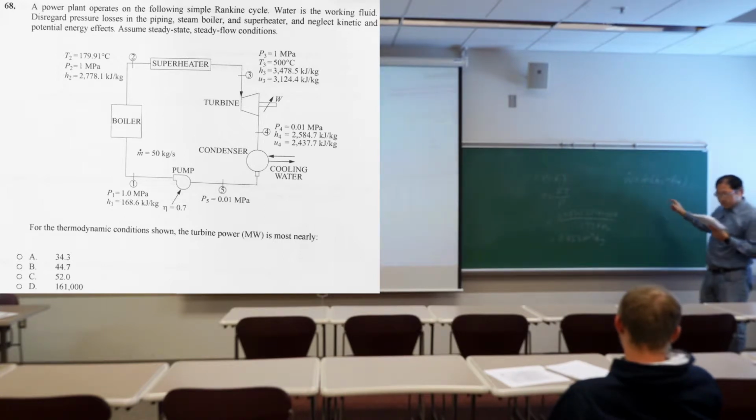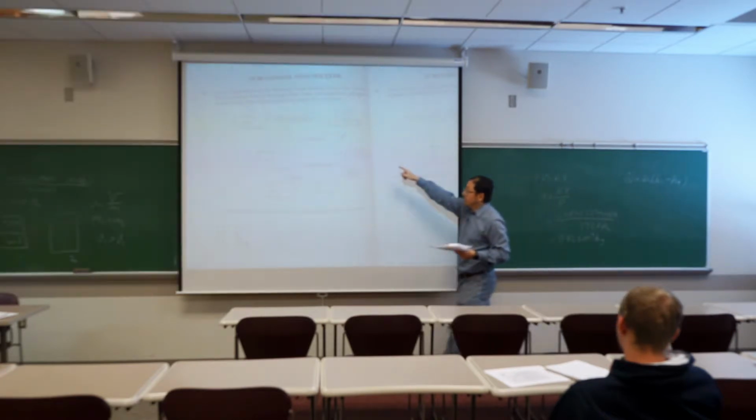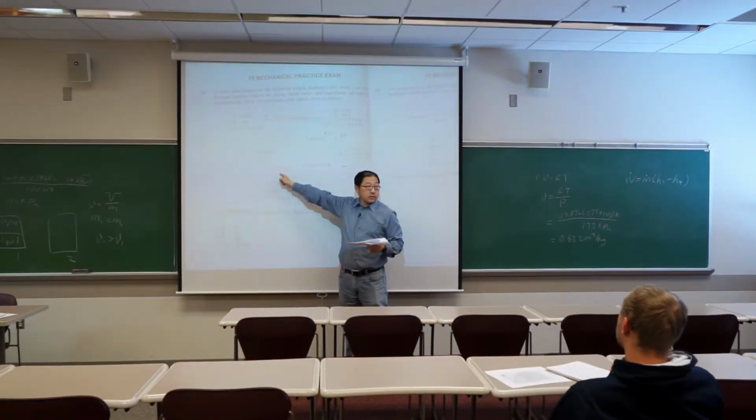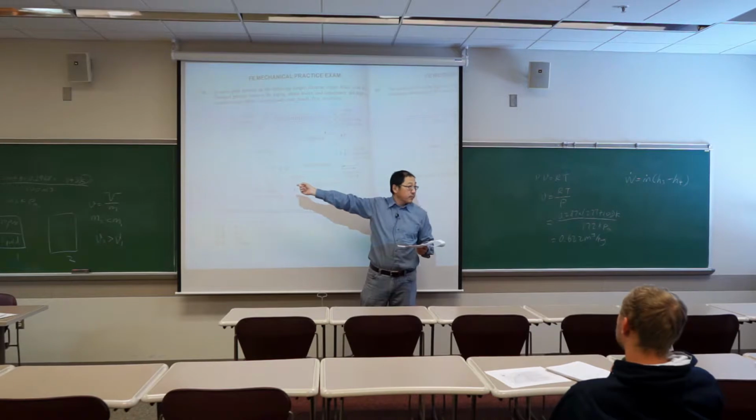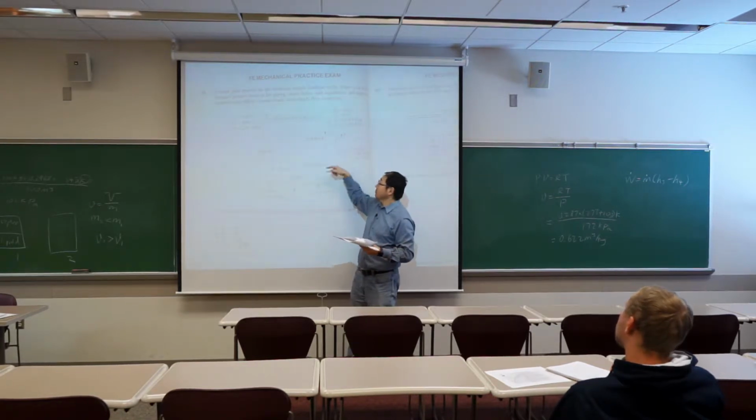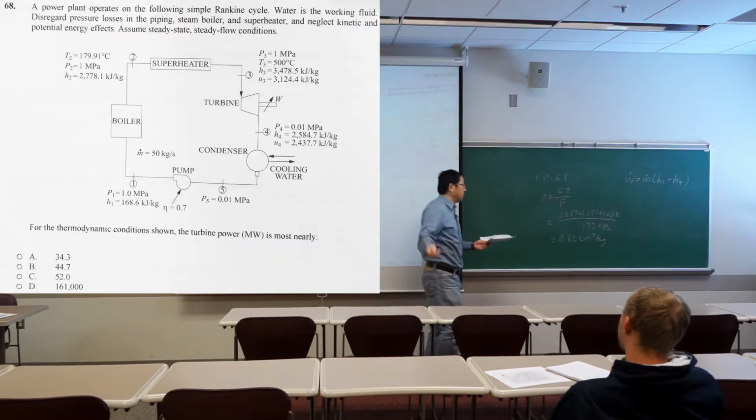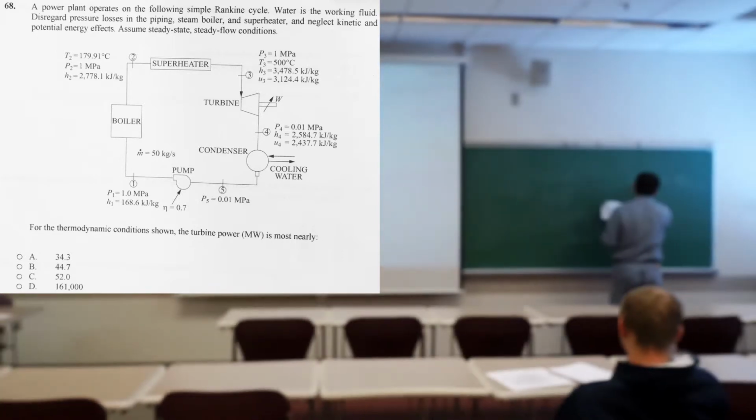And the mass flow rate, where can we find the mass flow rate? On this diagram here, mass flow rate is 50 kilogram per second. So 99% of the properties being provided are just useless, and we just find the useful ones.